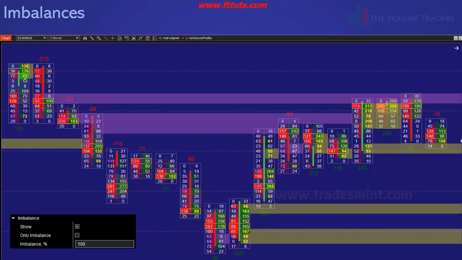Also, if my chart shows too many imbalances on 100, then I would switch to 200, because I don't want to see a mess on my charts, like every few ticks there's a zone of potential support or resistance. So then I would switch to the bigger value, 200, to make some filter.